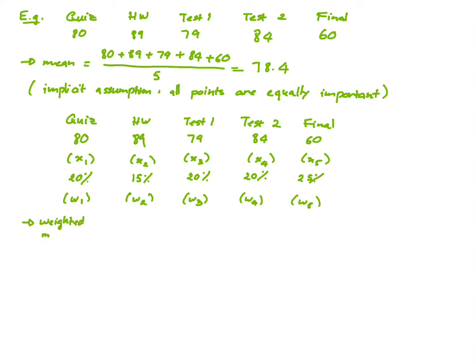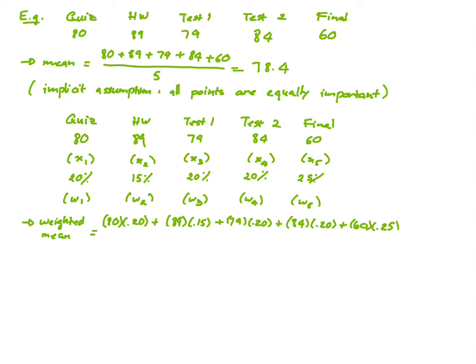The weighted mean is gonna be equal to 80 times 0.2 plus 89 times 0.15 plus 79 times 0.2 plus 84 times 0.2 plus 60 times 0.25.